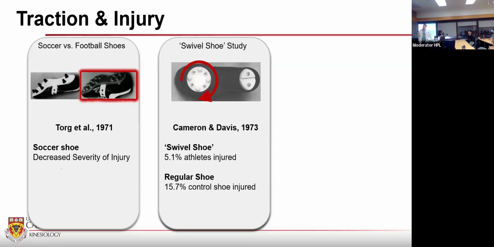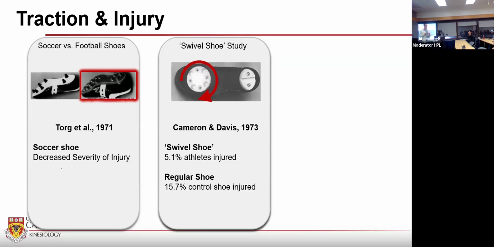This was another study a couple years later by Cameron and Davis, was termed the swivel shoe study. So they kind of took the results here of that association of traction and injury and went a step further and actually developed a shoe. So this is a swivel shoe. So they put a movable turntable on the forefoot of the shoe. And this turntable was locked until a specific torque or force was reached, at which point it was able to release and rotate.